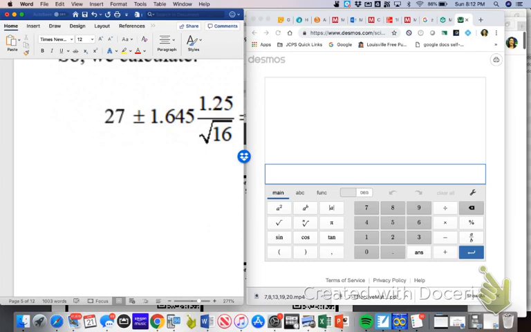I'm going to add to the notes a link to that calculator that I love using, that I feel like really helps out a lot. So remember how to use this Desmos calculator. I'm going to do the addition first.